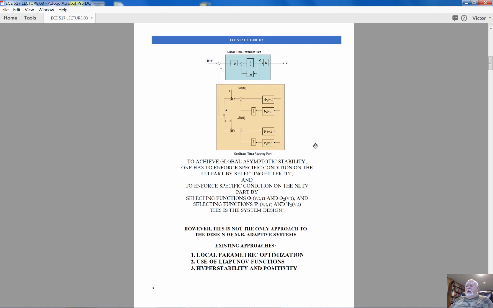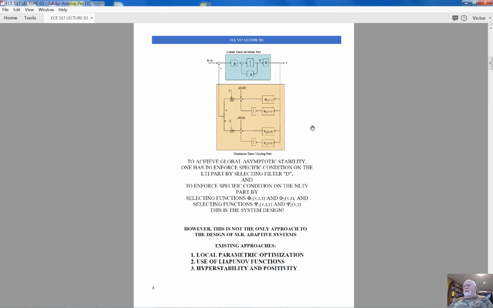And as I said, to achieve global asymptotic stability, G has to satisfy some requirements, and these functions are supposed to satisfy some additional requirements. We will get into this. It is not that simple to do, and we will do it.